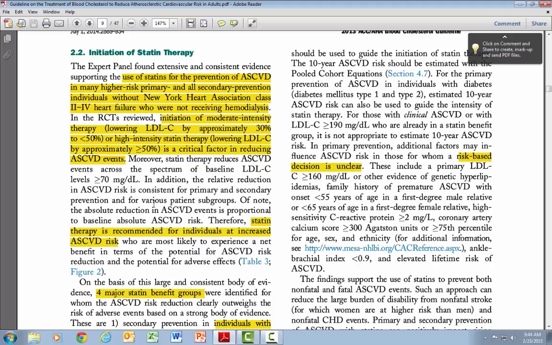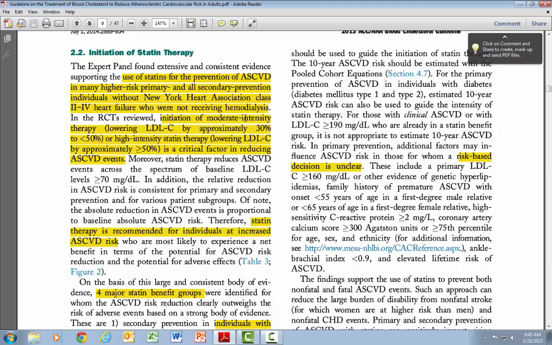Okay, so again, use a statin for the prevention of any type of CAD or CAD equivalent in high-risk primary or secondary prevention, including heart failure, but without grade 2 to 4 in the classification, and those patients that were not receiving hemodialysis.